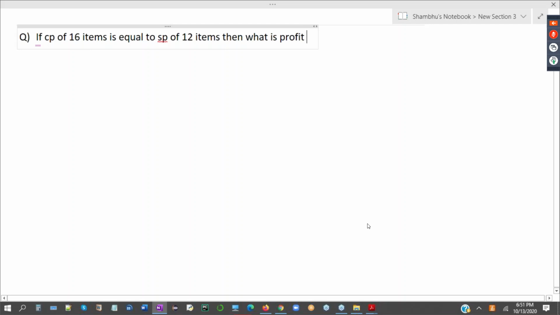Now, one question if I ask you, if cost price of 16 items is equal to selling price of 12 items, then what is profit or loss percent? This question as well I told you yesterday, and you can easily answer me.